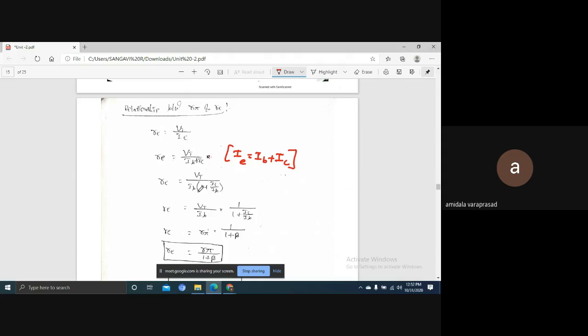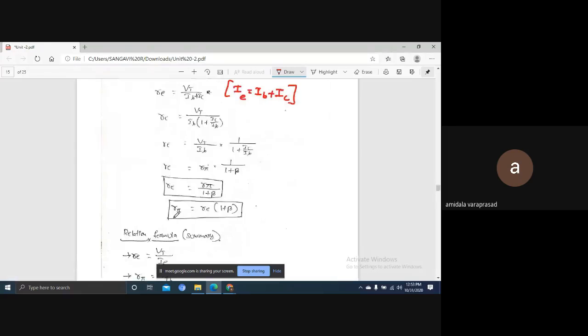When you take IB common, we get 1 plus IC by IB. From this, VT by IB and 1 divided by this term I can write separately. IC by IB is beta, so 1 divided by 1 plus beta. Then RE is equal to R pi by 1 plus beta. This is the R pi value.